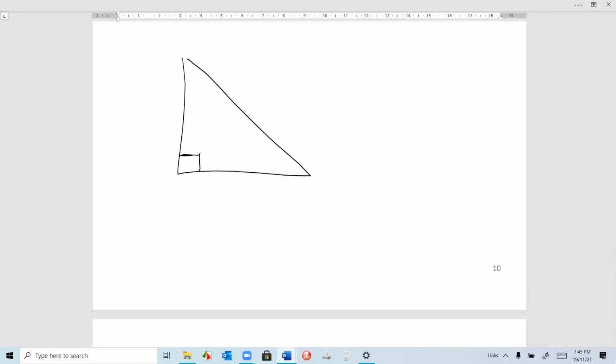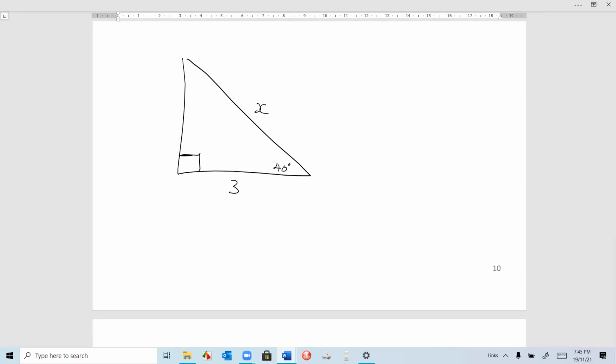Let's call this side 3, and the other we don't know, maybe call this X. And let's suppose that this angle here was 40 degrees.